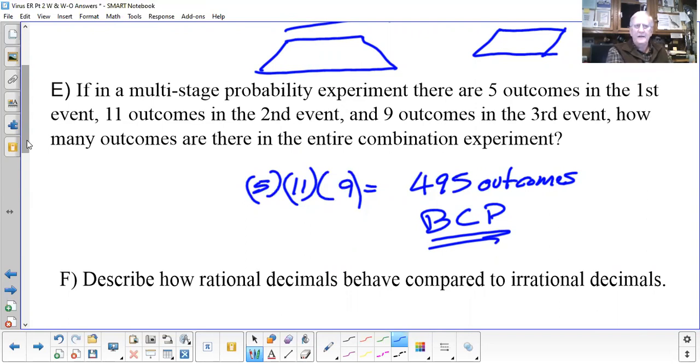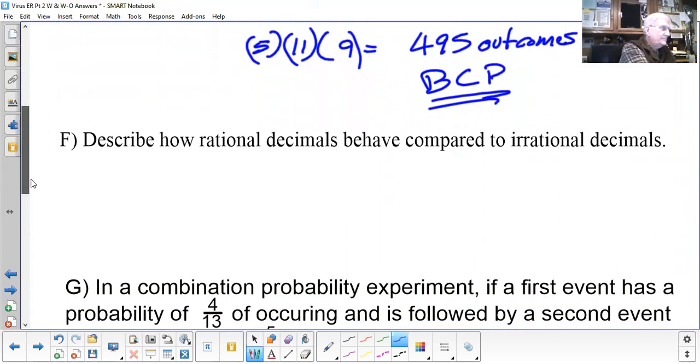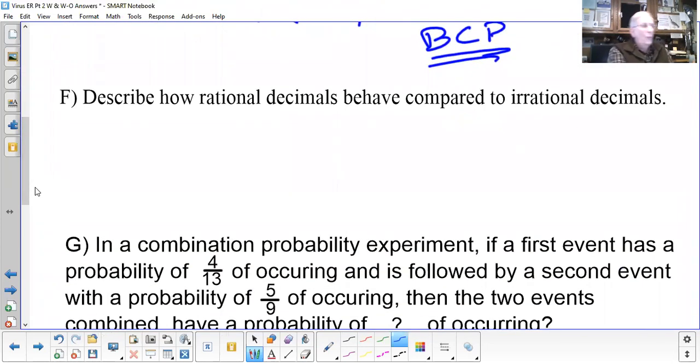Okay, F. Describe how rational decimals behave compared to irrational decimals. All right, how do we do that? Well, what do rational decimals behave like? They all come from fractions that are divided, top by bottom.